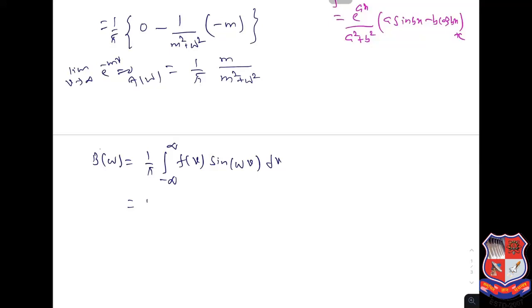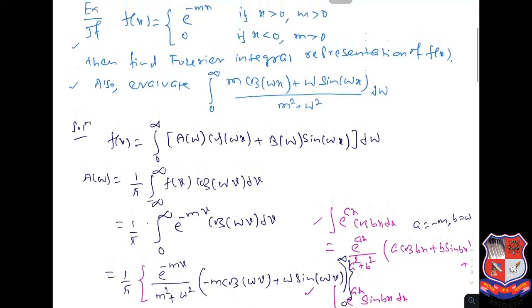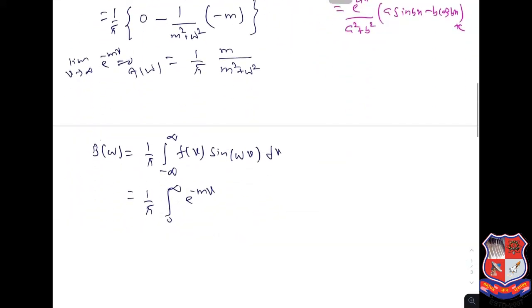So that is equal to 1 over π, 0 to infinity e power minus mv sin ωv dv, because the function is given for 0 to infinity as e power minus mv, and when x is less than 0 it is 0.